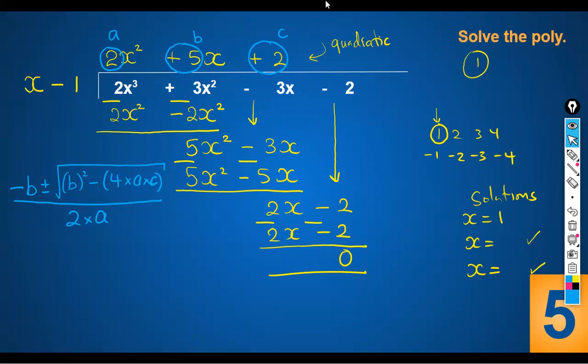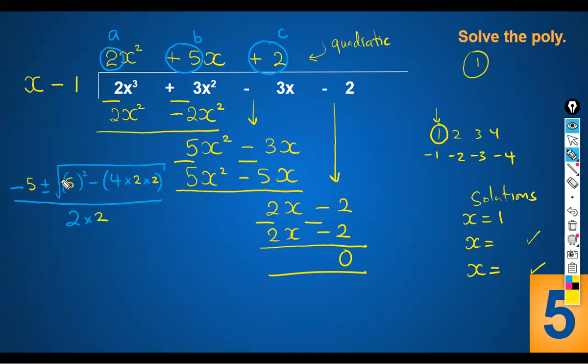Right, so Anastasia, you have an answer. Remember, it is a replacing game here. B is 5, A is 2, and C is 2.